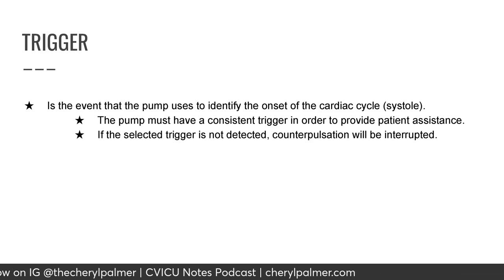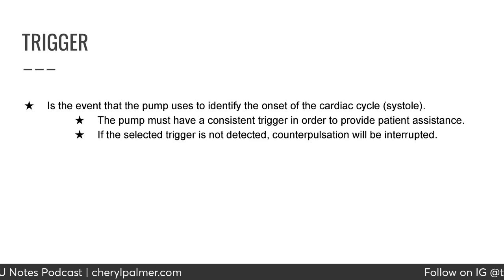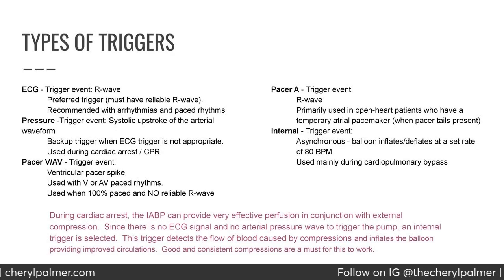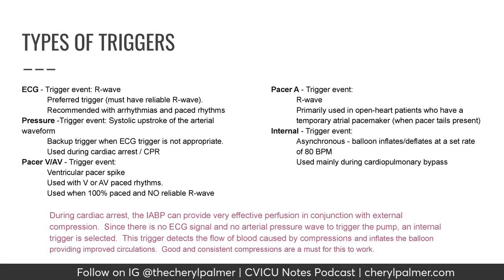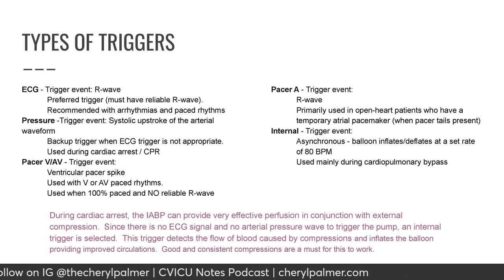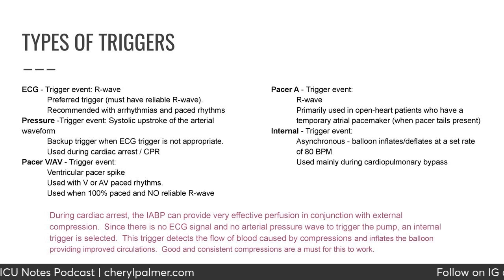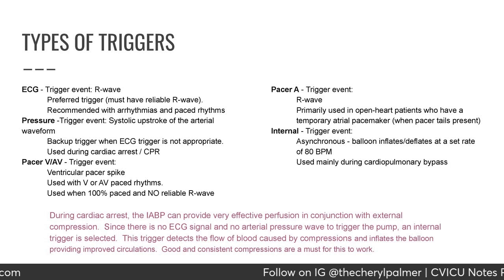If the selected trigger is not detected, counterpulsation will be interrupted. Here are the types of triggers. You have an ECG trigger, and it's the R wave. That's the preferred trigger. Must have a reliable R wave, recommended with arrhythmias and paced rhythms.